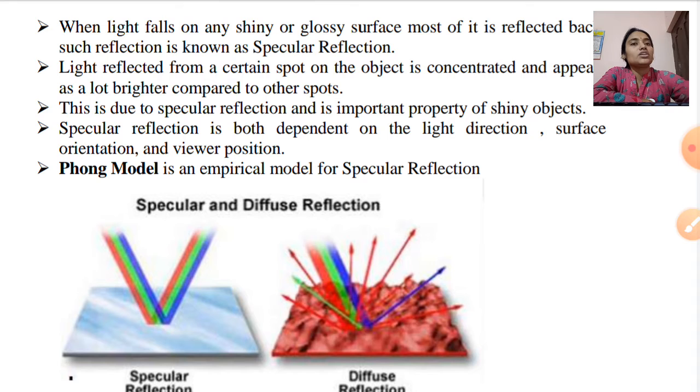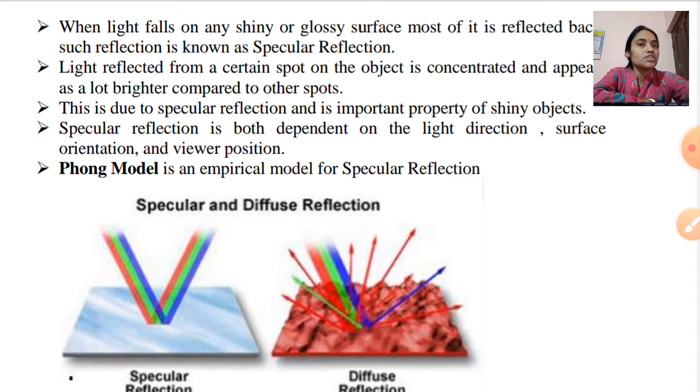Specular reflection is dependent on the light direction, the surface orientation, and also the viewer position. But diffuse reflection is dependent only on the surface orientation and light direction, not the viewer position.